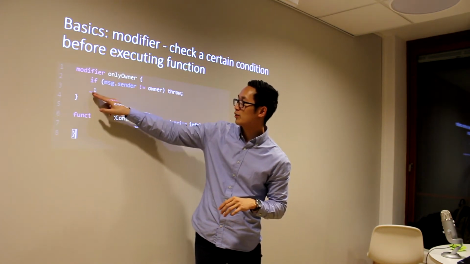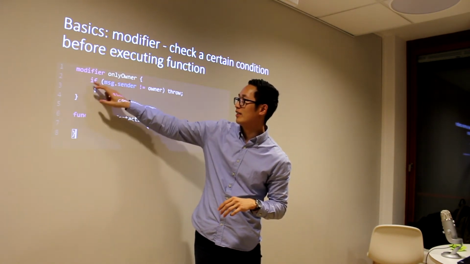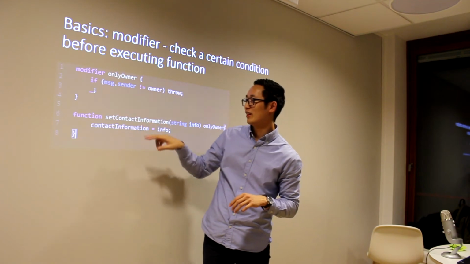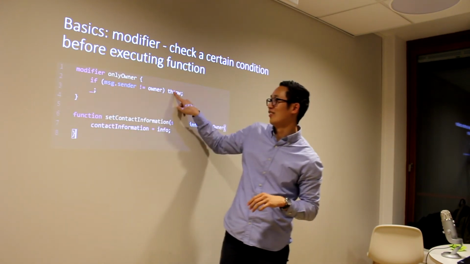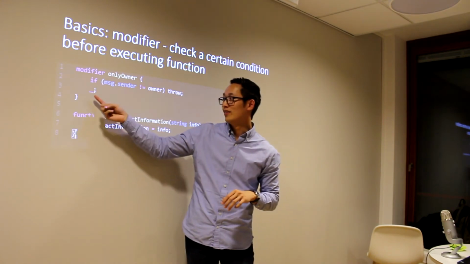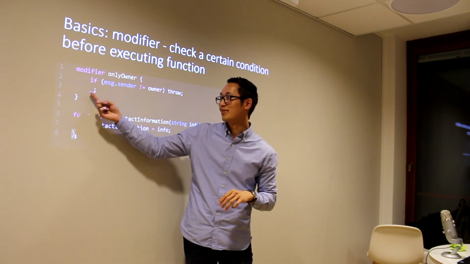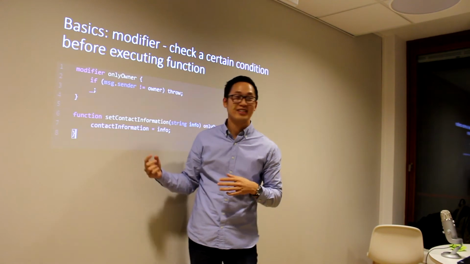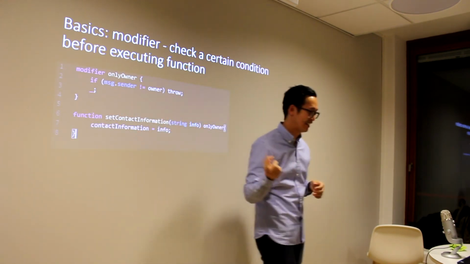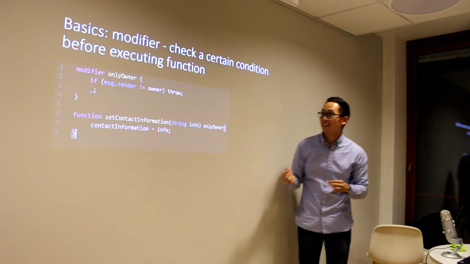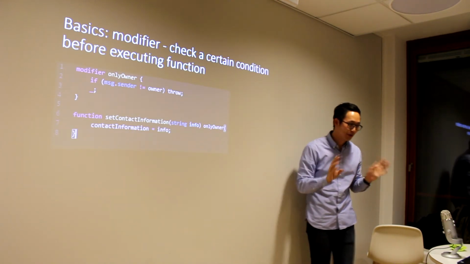If you put this underscore above the if sentence, then it will run this code and then after this code. So this is just a placeholder. If you're lazy, you just write an underscore. So yeah, it's very easy to create your own modifiers.